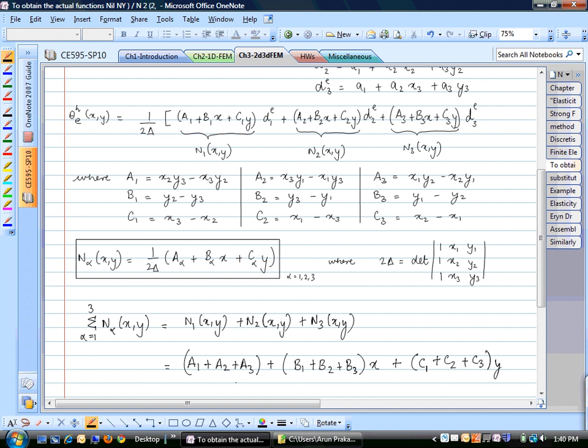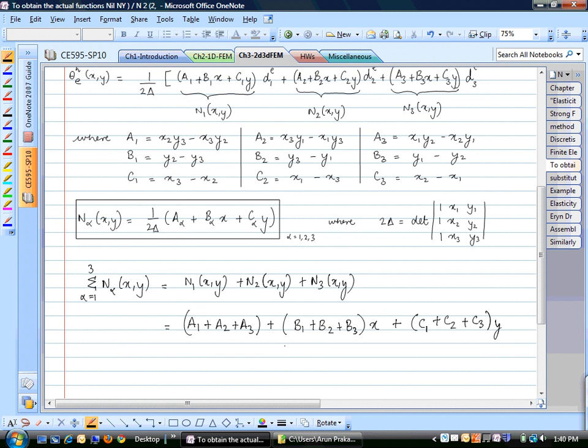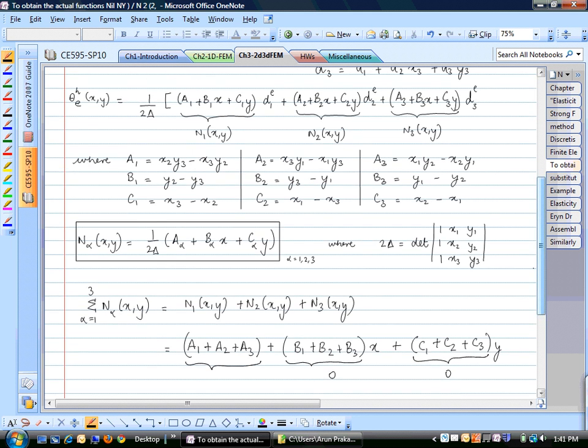So what is the value of this term? B1 plus B2 plus B3. If you sum up the middle row right here, what do we get? 0. So this term is 0. How about this term? This is also 0. How about this term? This is not 0. But if you try to calculate this, this is going to be the sum of this plus this plus this.